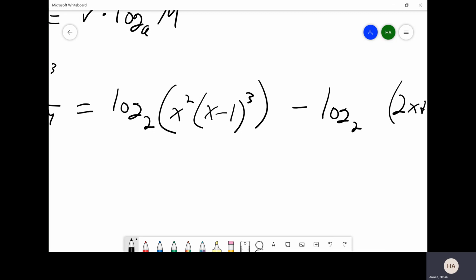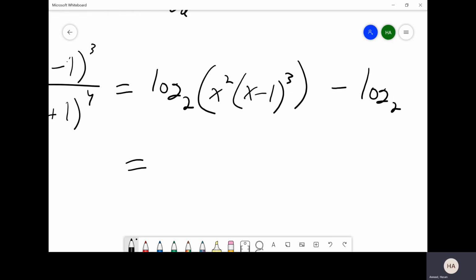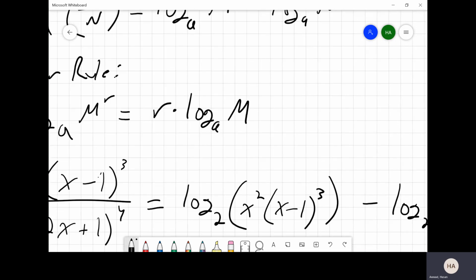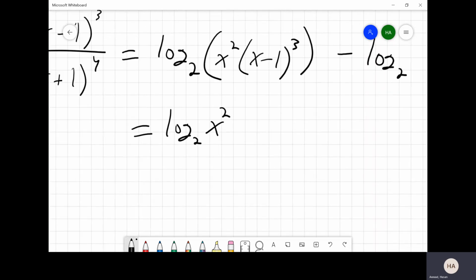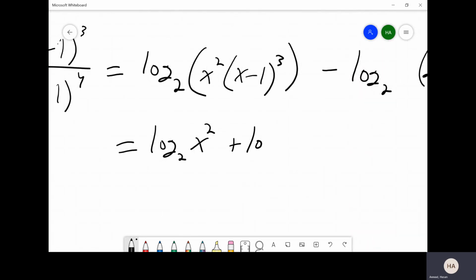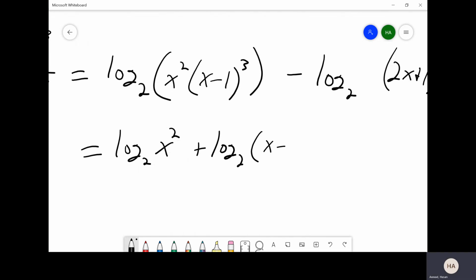So I want to split this multiplication up. So to split it up, well, we're going to use the product rule. If we have two pieces being multiplied, it's log keeping the base the same of the first piece plus log keeping the base the same of the second piece. So I have log base 2 of x squared plus log base 2 of x minus 1 cubed.